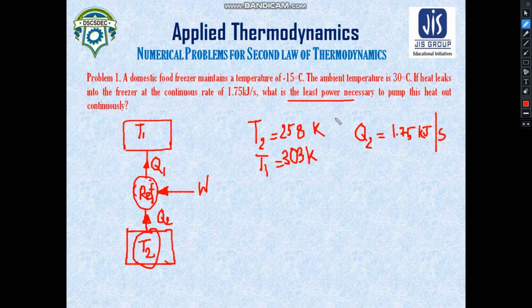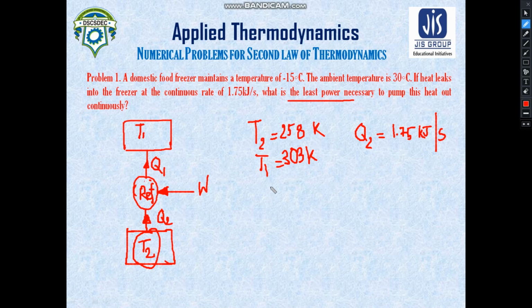This is the diversity of the reversible heat pumps and reversible heat engines. Actually they are completely opposite to each other. So you must understand the fact that a heat engine gives you the maximum output, and a reversible refrigerator or reversible heat pump requires the minimum input for the reversible condition.